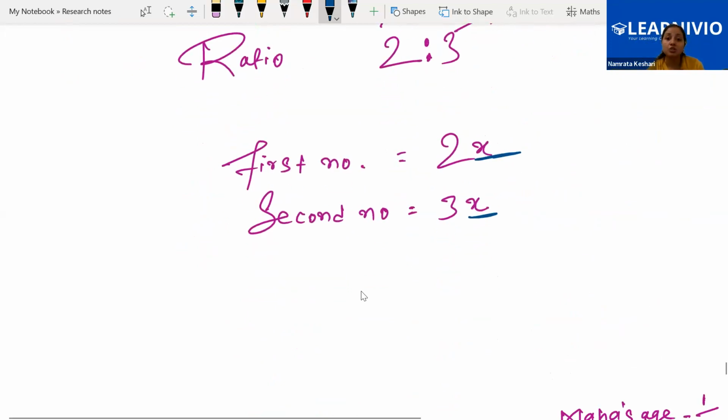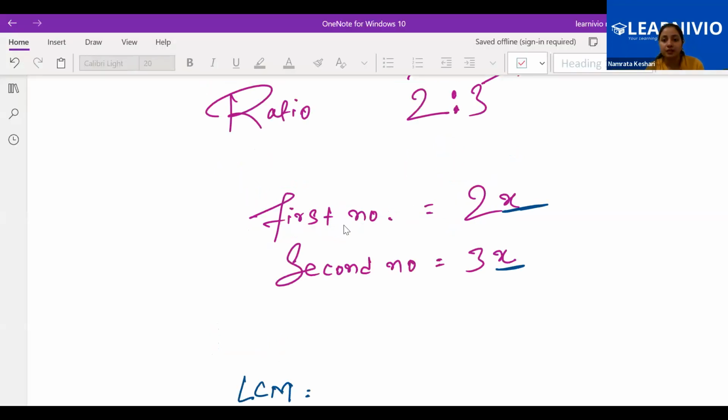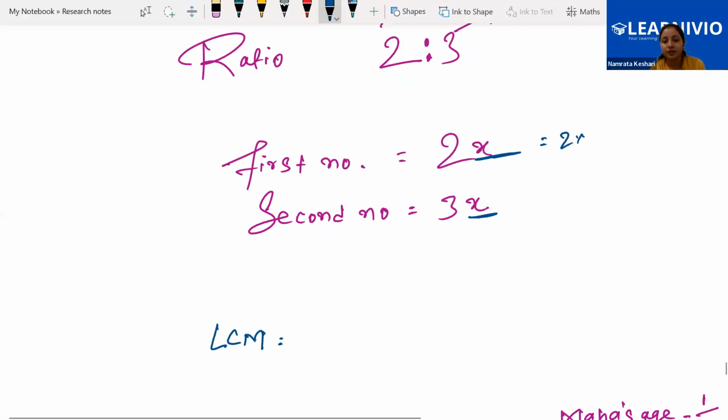Now, I was telling you to understand the concept of LCM and HCF. By looking at these two numbers, can we say what LCM we will get from here? If the first number is 2x and the second number is 3x, what will be the LCM? What do we do while finding the LCM?